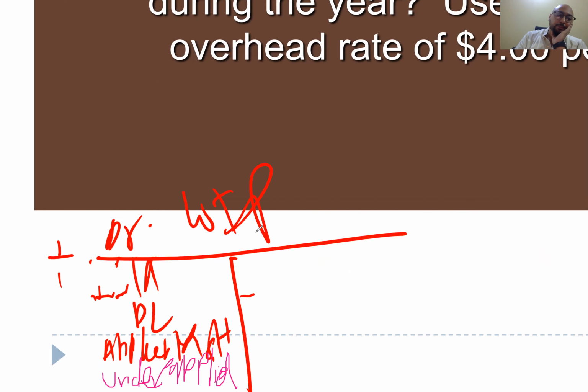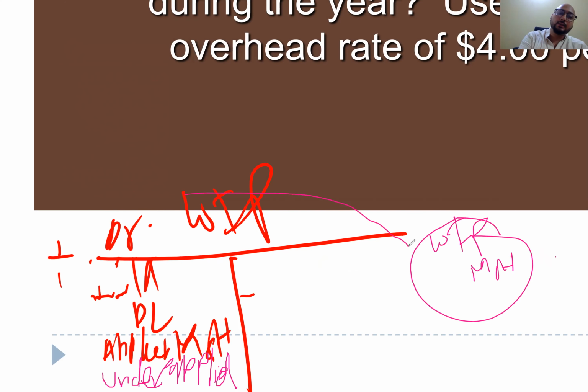It means when we have under applied, the entry would be charging work in progress to manufacturing overhead, because we are going to increase the debit.